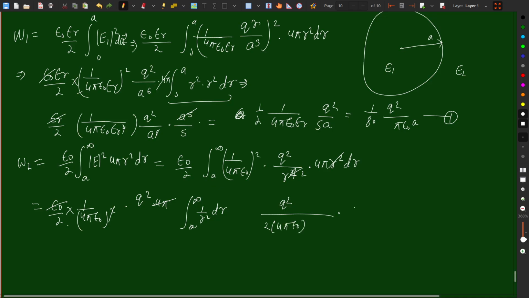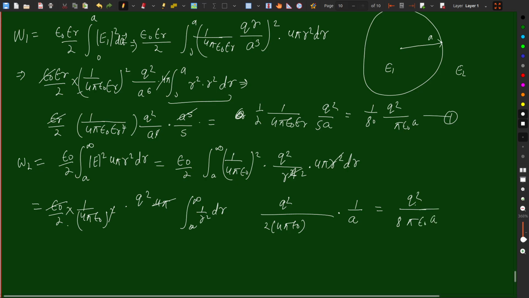This integral will give us 1 by a. Okay, so this will become Q square over 8 pi epsilon naught a.